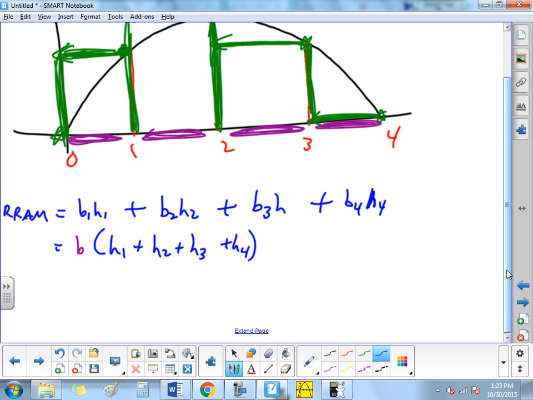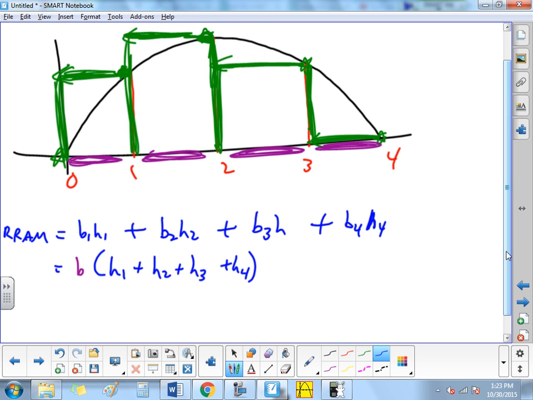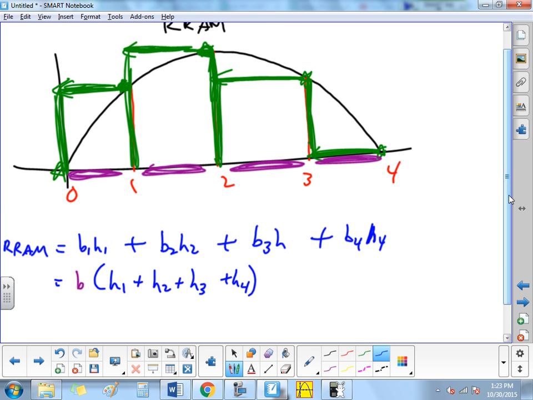And this time, you'll notice that the height of the first rectangle is no longer f of 0. The height is f of 1. So the height of the function at 1, also known as f of 1, is the height of our first rectangle this time. Last time it was f of 0. So how tall is this thing?